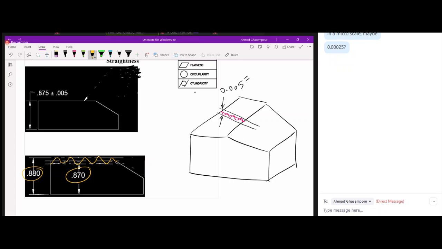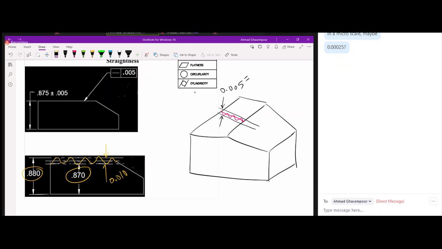So the only difference here is that the distance between the peaks and valleys can be 0.010 thou, correct? So without this straightness tolerance, you still have some control over the straightness of the lines on the surface, but it's a wide range. If you want to control it more tightly, you put a tolerance of 0.005.